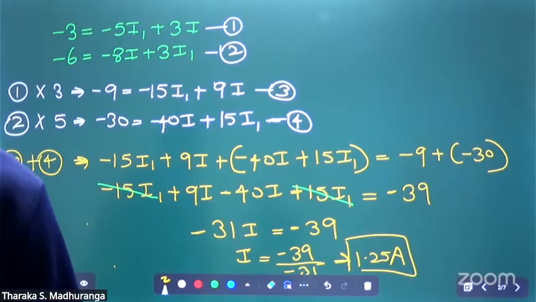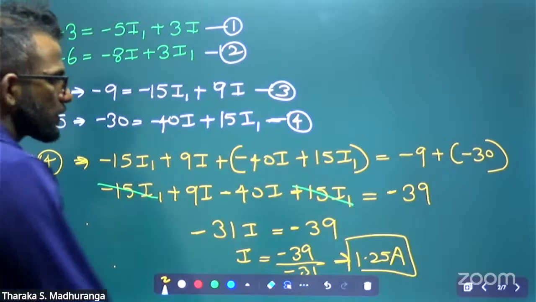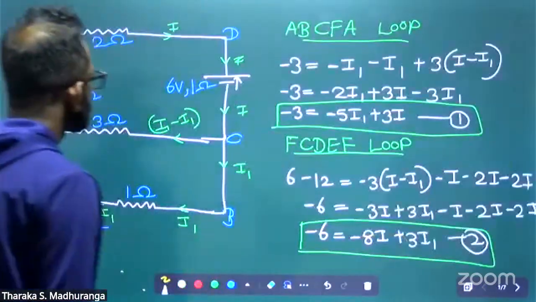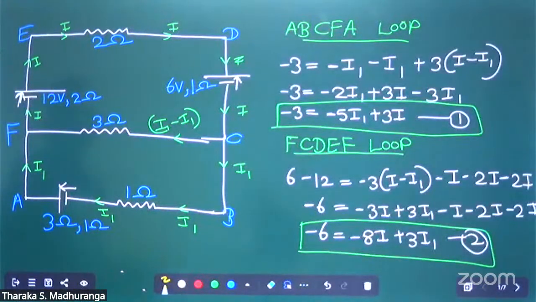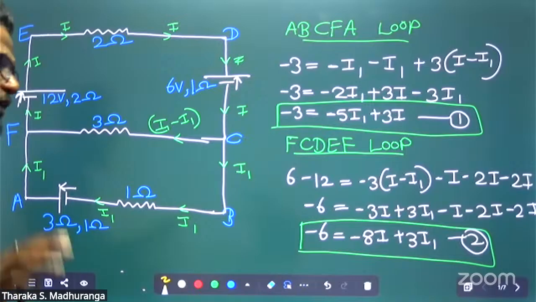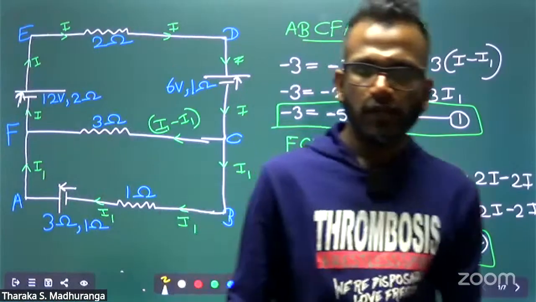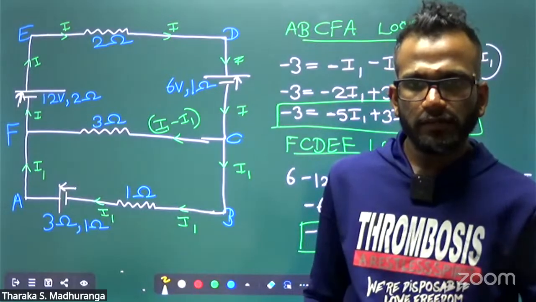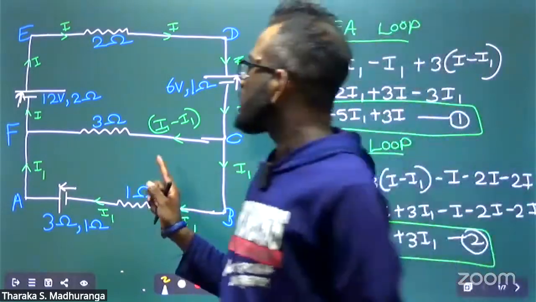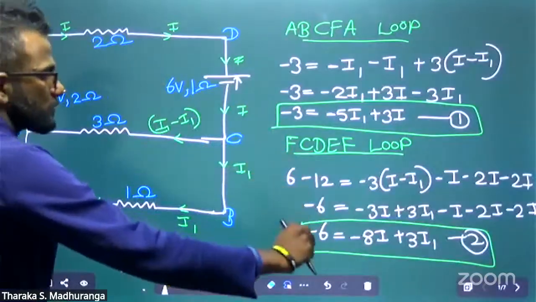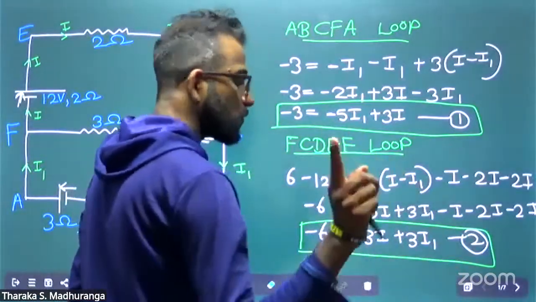Okay, Adisha, you got the current direction as I marked. Maybe the mark is correct or different? Different. Then okay, then it is correct. Then you have to mark it, now that is a good point.